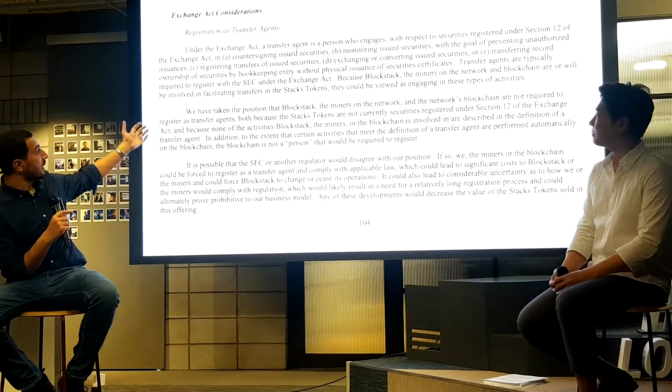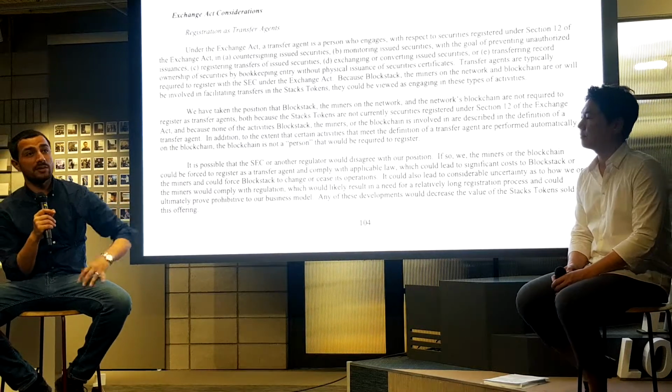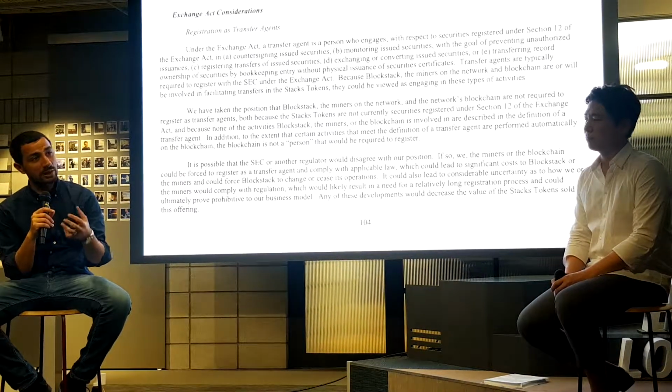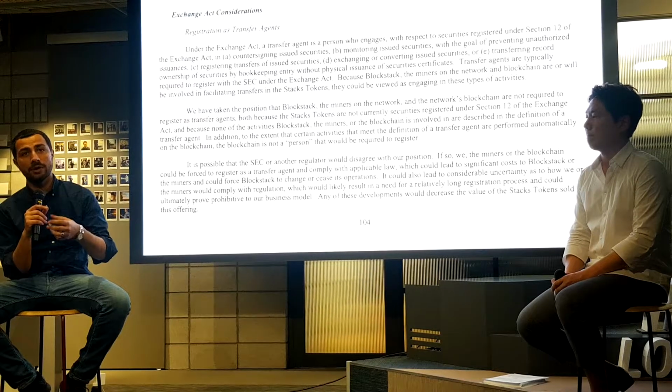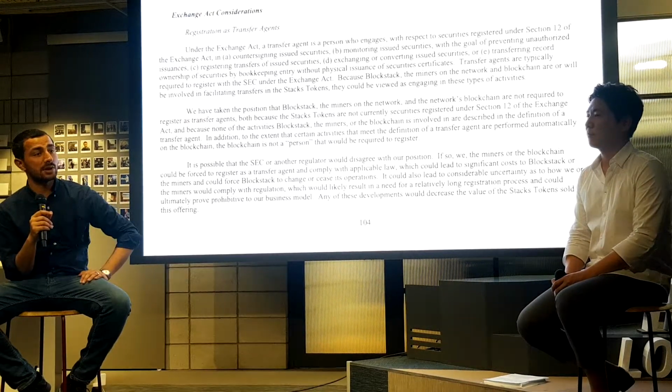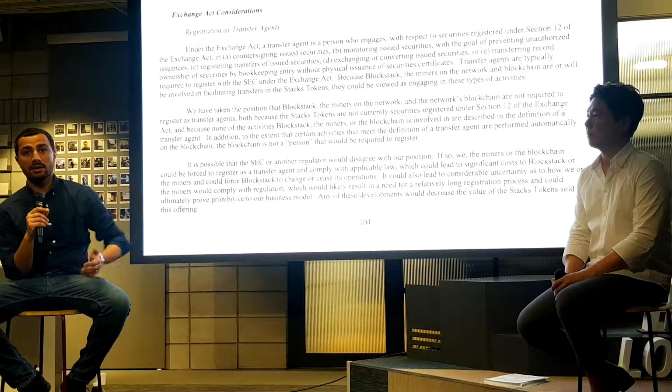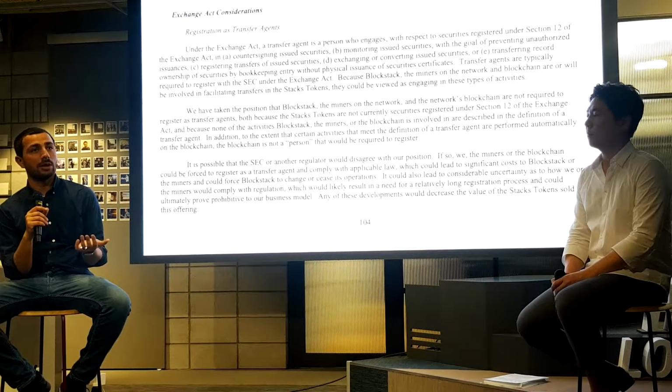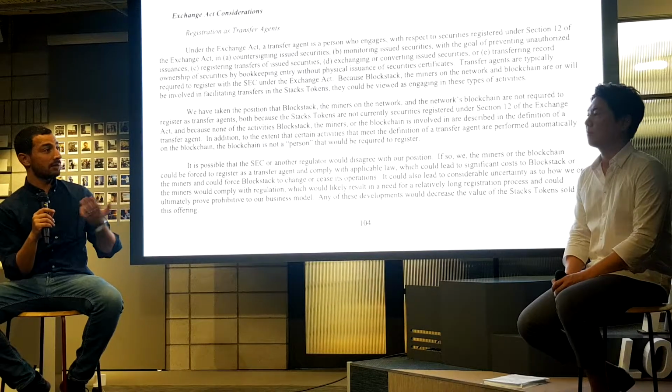So I think this is a great example of something where usually there are transfer agents and they're regulated, and that's for protection of some of these transfers that happen, and there are logs associated with these things. And in our decentralized protocol, a lot of that is very irrelevant.